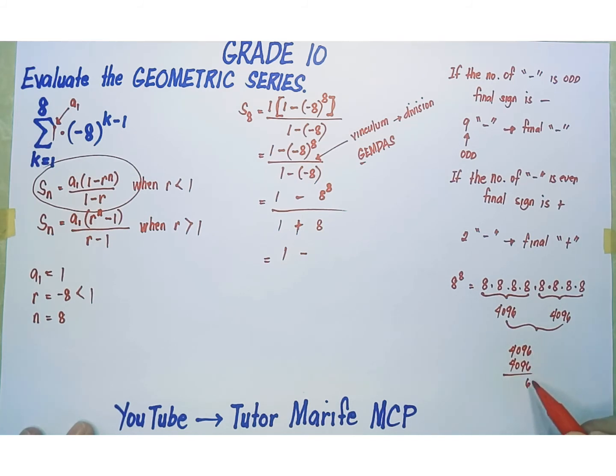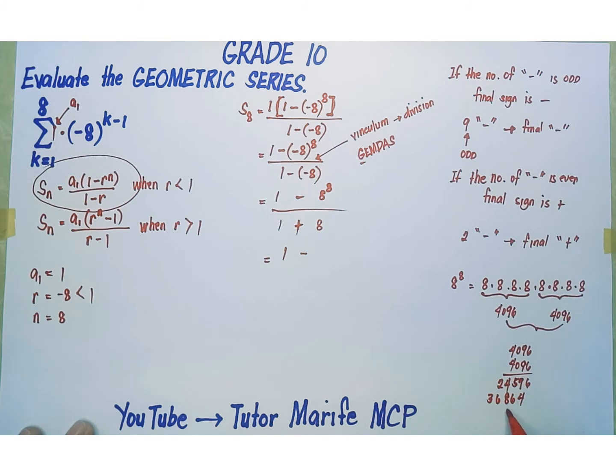6 times 6, 36, carry 3. 6 times 9, 54 plus the carry over 3, 57. 6 times 4 is 24. 4,096 times 9. 9 times 6, 54. Carry 5. 9 times 9, 81 plus the carry over 5, it's 86. And 9 times 4 is 36. So 0 times 4,096 is 0. 4,096 times 4.